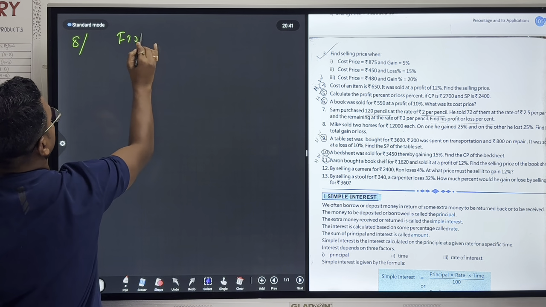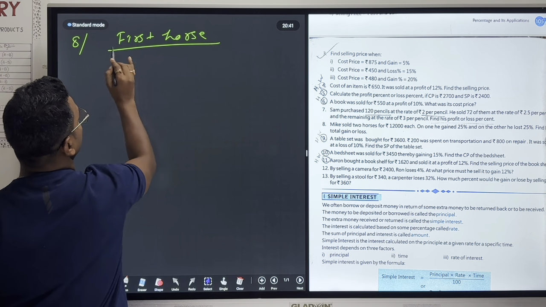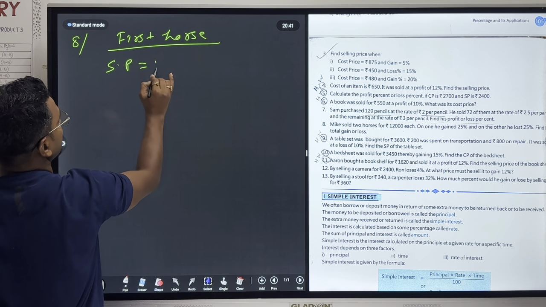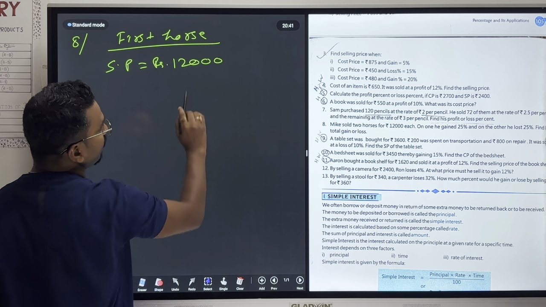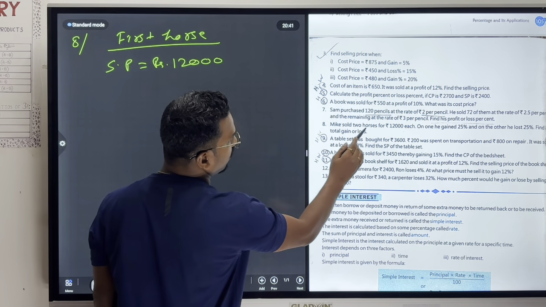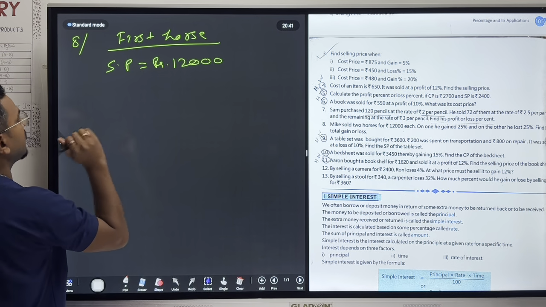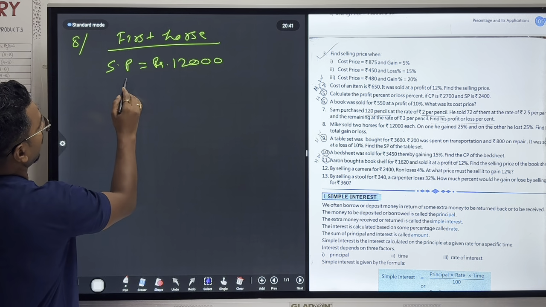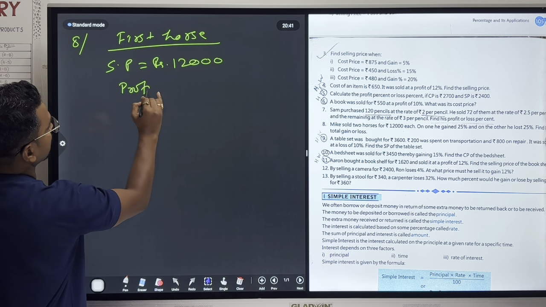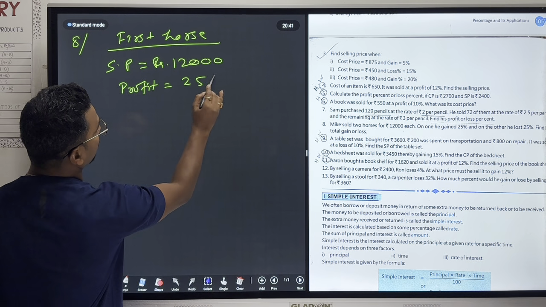First horse. What is the selling price? Selling price is given, rupees 12,000 each. Mike sold two horses for 12,000 each. So the first horse, its selling price is 12,000, and profit equals to how much? 25%.